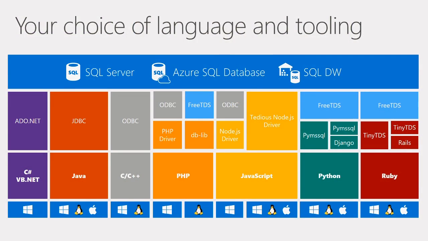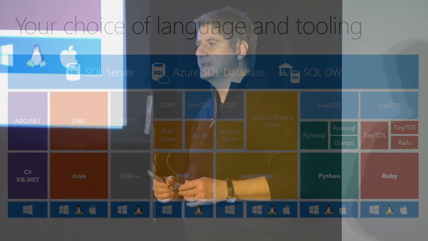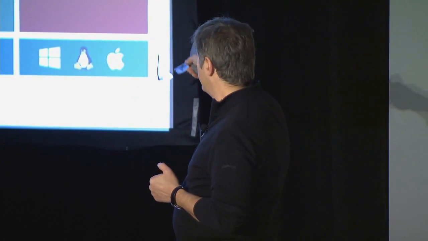So one of the things we did is we invited a bunch of open source people to Microsoft, and we offered them a bunch of engineers to sit with them and work on the backlog of their bugs for a couple of days, right? Just to get to know each other. And so we did this, so we improved the Ruby stuff, so now Ruby connectors work really well for SQL.